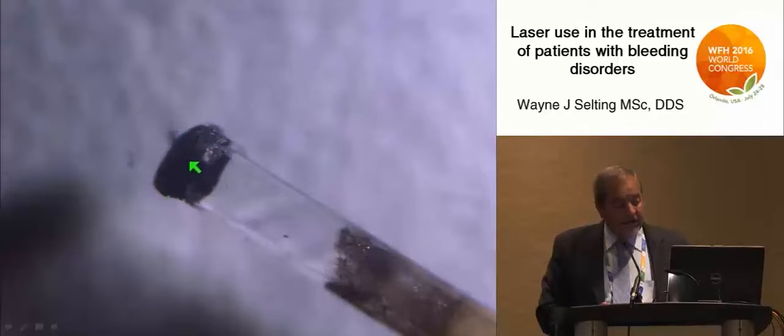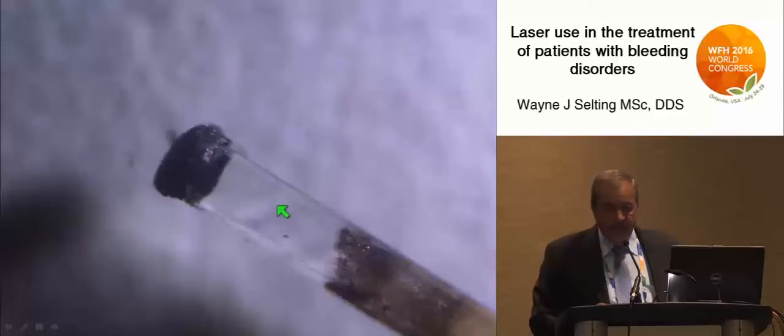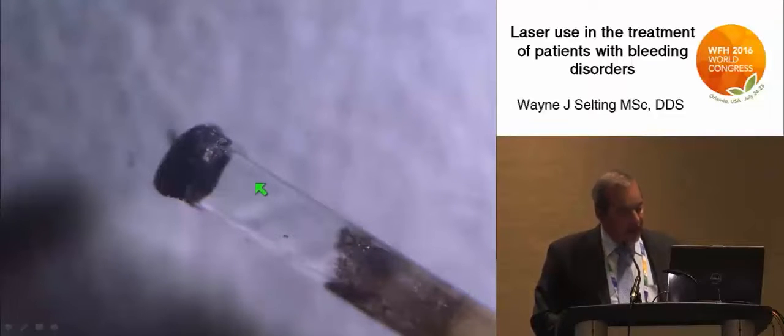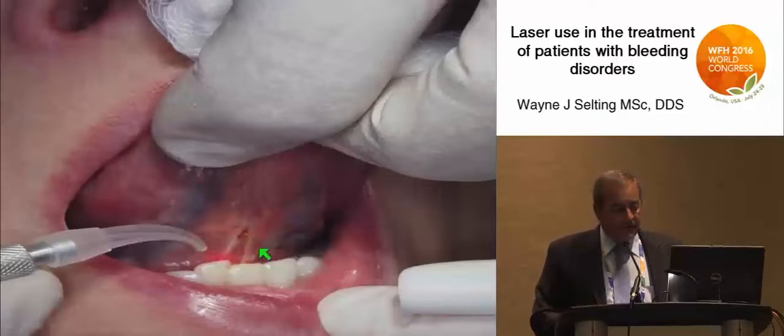This tip right here gets very hot. None of this does. This is what separates it from an electrocautery, where everything is hot and you get a tremendous amount of collateral damage. Here, you do not. So you can do surgery like this very simply, very benignly with a diode laser.